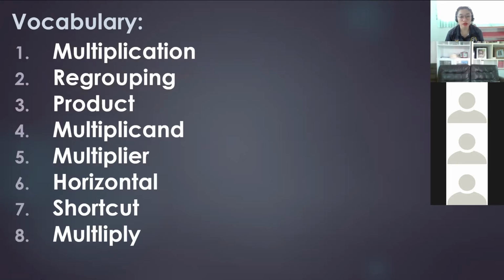Vocabulary number 1, we have the word multiplication. Number 2, regrouping. Number 3, product.